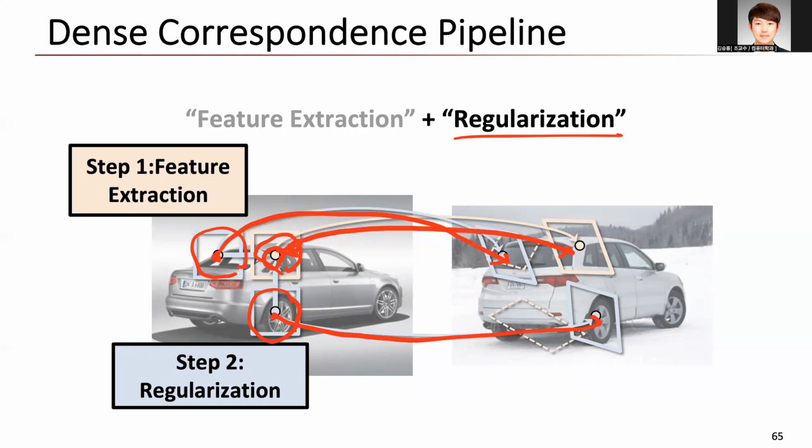Then the question is how to define the nearby pixel, how to measure the similarity between nearby pixels, and how to formulate this regularization or smoothness. That is the key design factor. Anyway, a dense correspondence method requires this regularization step, besides the feature extraction step.